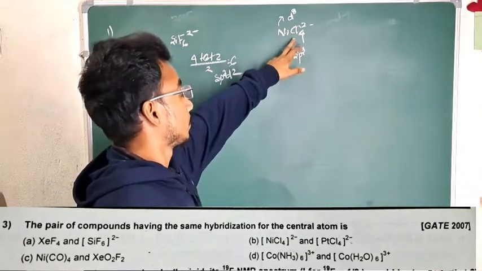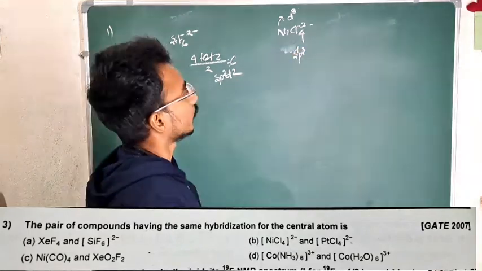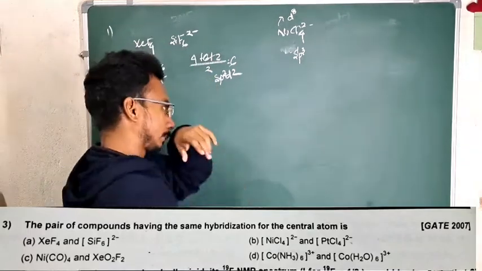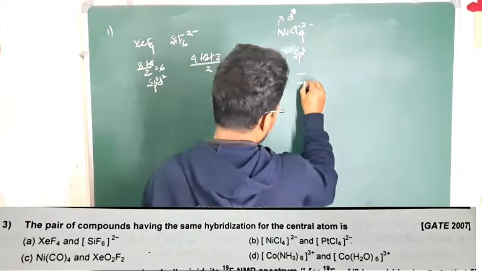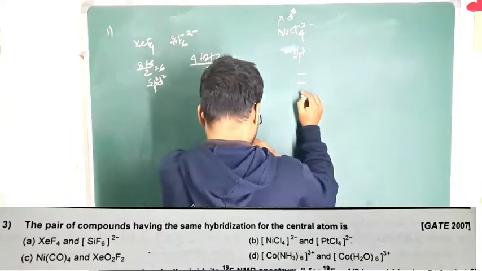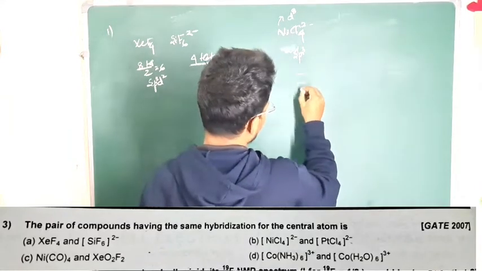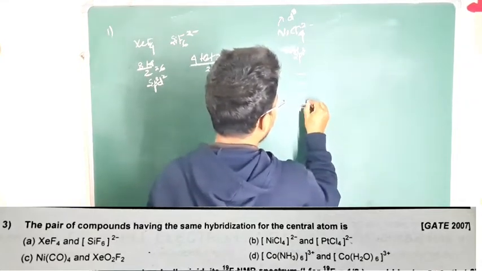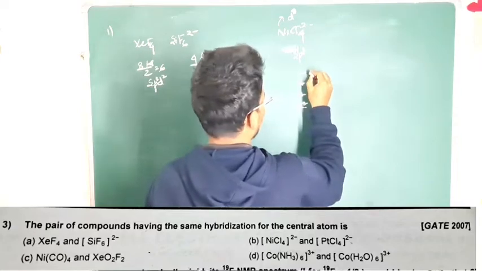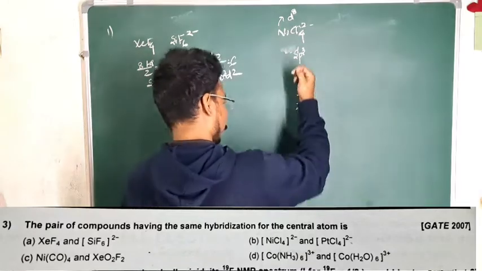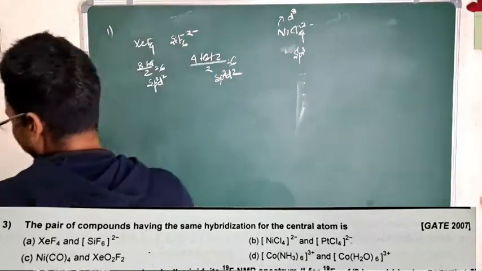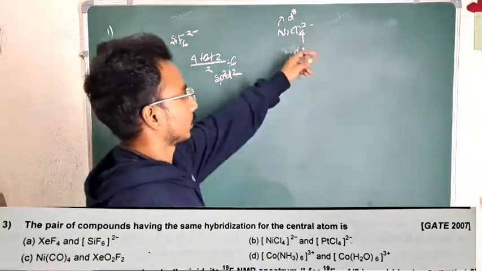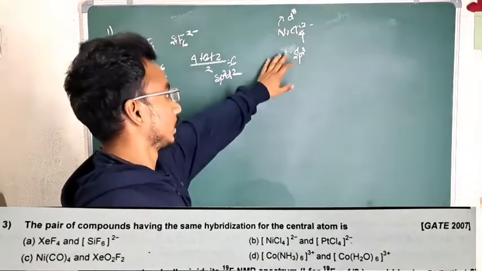If it is a strong field ligand, then it will give dsp2 hybridization, which means square planar, and the electrons will be paired up because of the strong field ligand. But here a weak field ligand is present, so that's why it will be sp3.